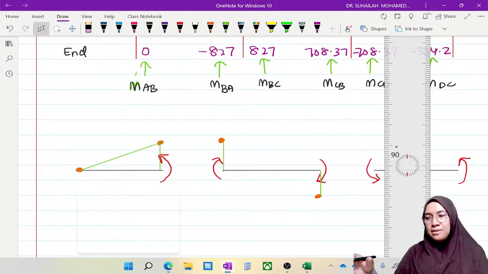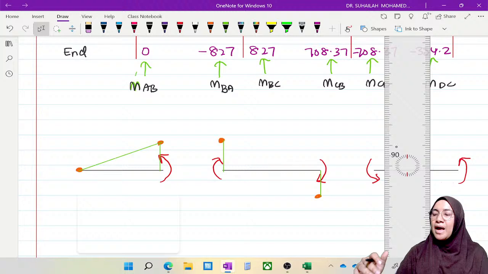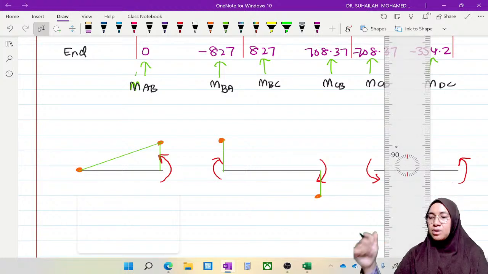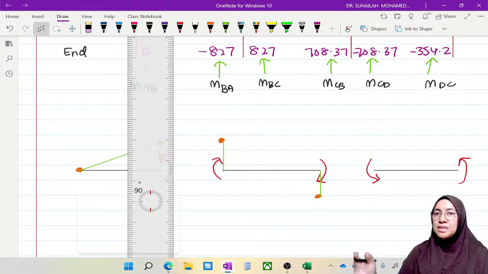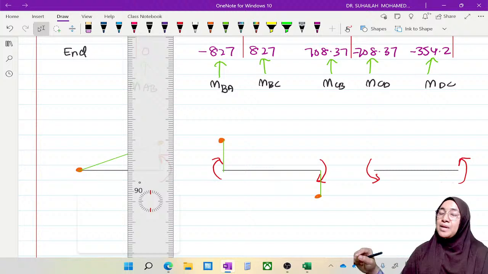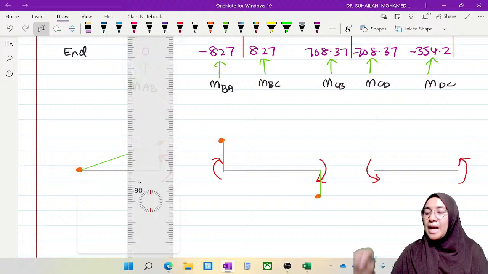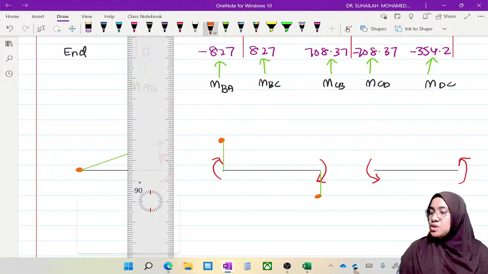So we have to identify from the shear force diagram whether this beam has a maximum moment. I will show it later on. Okay, we move to MCD, MDC, the last member CD. By using the moment direction, we can identify the position directly in the bending moment diagram, and the position is this.